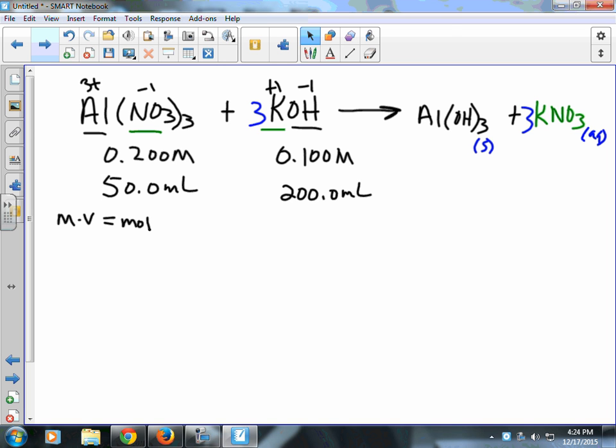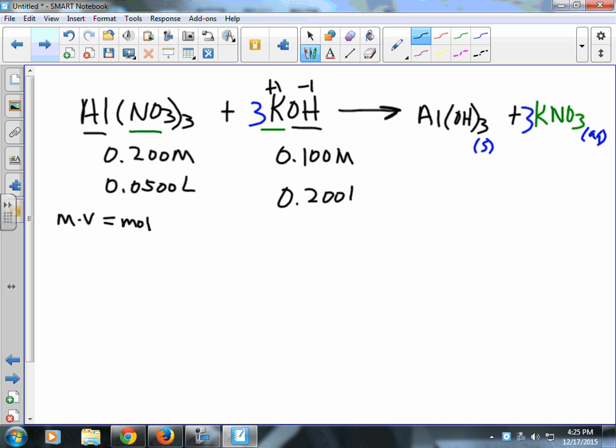Okay, so for the aluminum nitrate, we have 0.2 molar. We need that volume to be in liters, so we're going to change that to 0.05 liters. Over here, 200 milliliters will be 0.2 liters. Molarity times volume gives us 0.01.